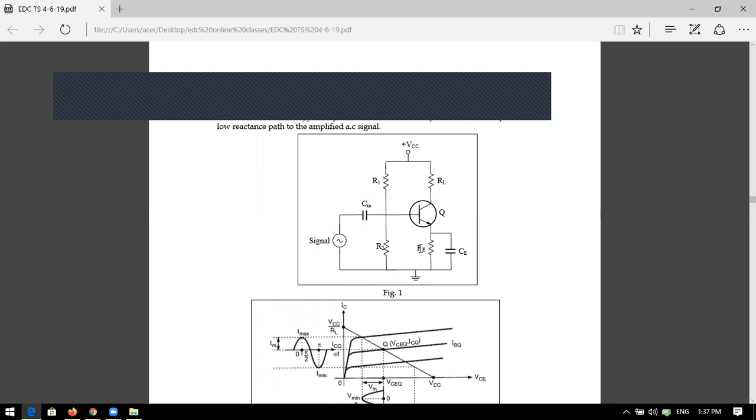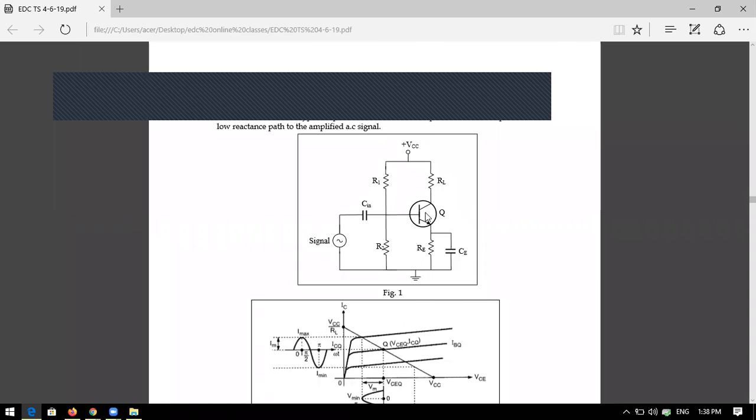The class A power amplifier is the same as your voltage amplifier or CE amplifier. The major difference between your CE amplifier and this class A power amplifier is the transistor.